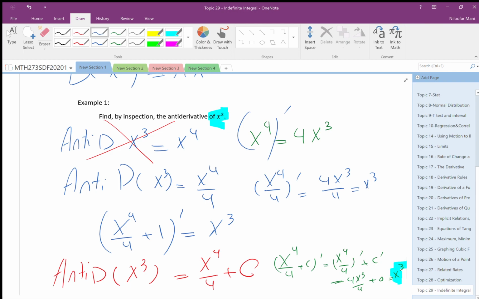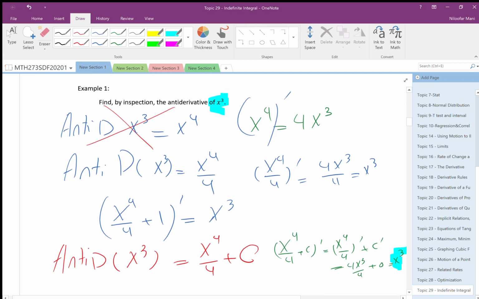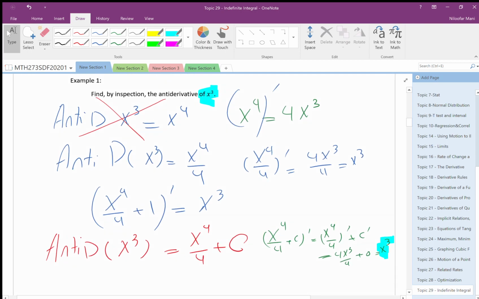Just to make it easy for you: when you want to find the antiderivative of a function, you have to find the answer whose derivative is just what you had from the beginning. I asked for the antiderivative of this, and I told you the answer is this one.